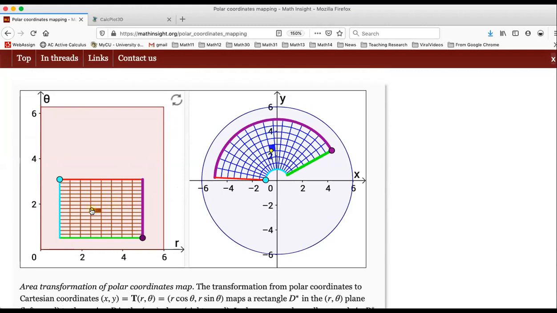Because if you recall, when we were setting up our double integrals in Cartesian coordinates, we were taking the area of one of our Cartesian rectangles times the height of one of our rectangular boxes. And we're going to do the same thing in 3D as we're integrating over this polar region. It's back here.